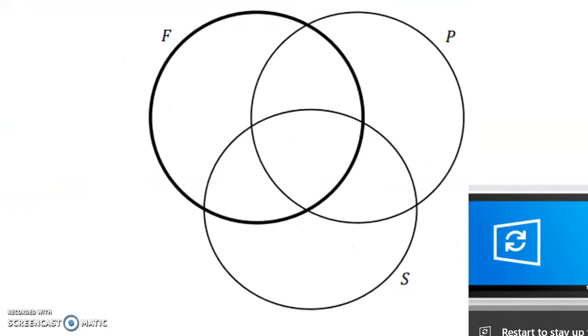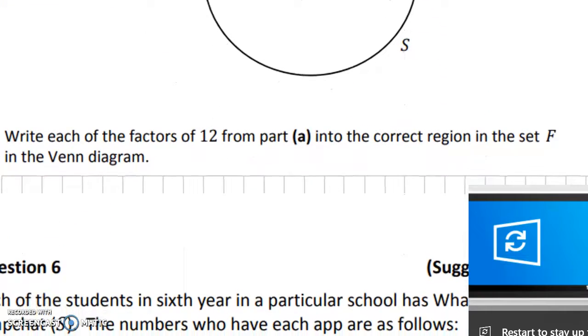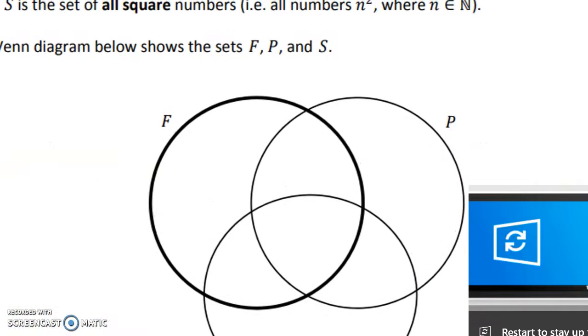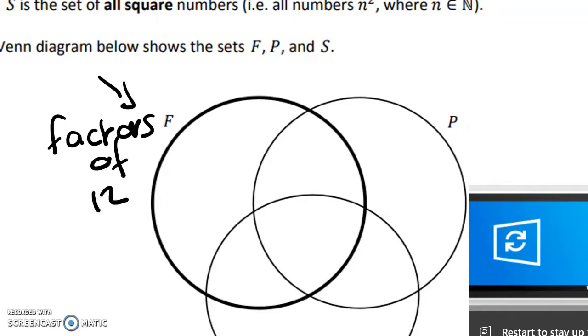Okay, now what they're asking is to write each of the factors of 12 from part A. So these are the factors again, and I want to label this for you so it makes it easier. These are the factors of 12. These are the prime numbers, circle there. And then we're saying, the S is the square numbers.